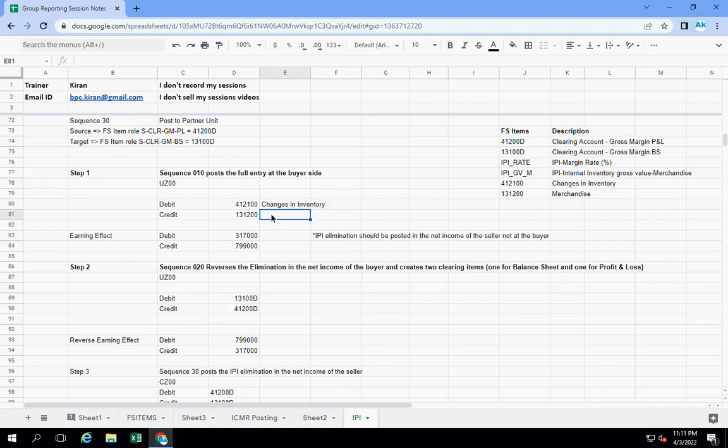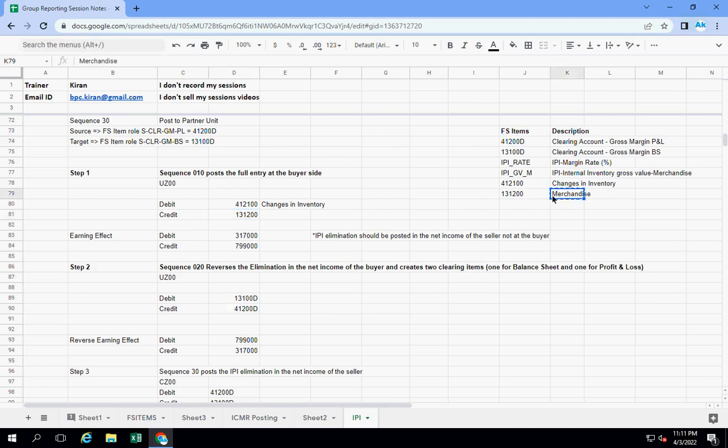What is the amount? The inventory value is 10,000 multiplied by 20%, this margin rate. That much amount is eliminated from my buyer books from 131100. When I uploaded the data, it is a debit value, a positive value. From there I am reducing 2000.